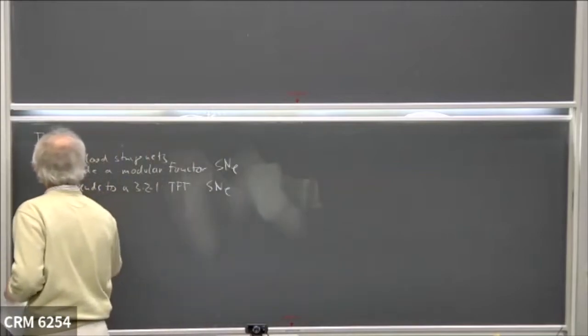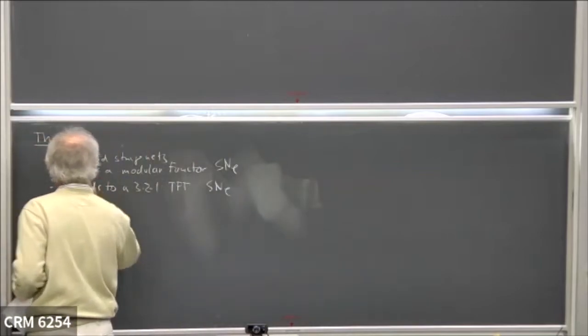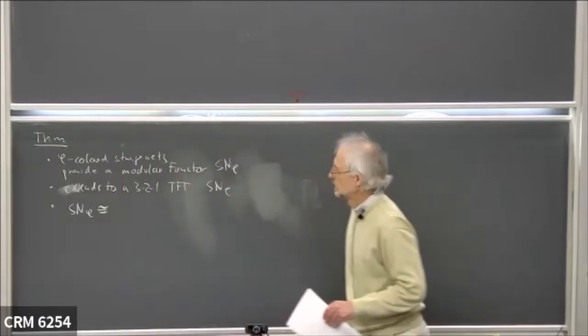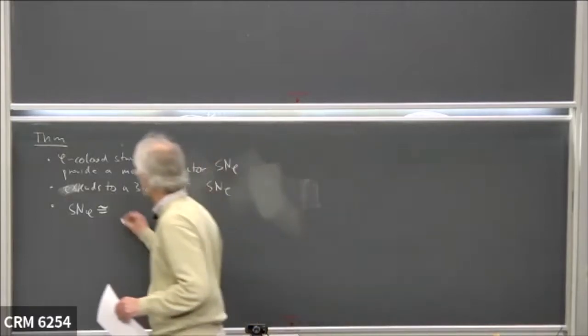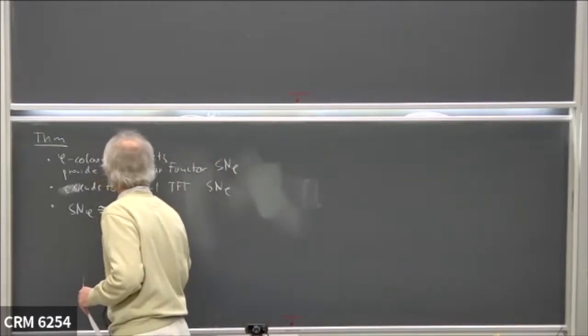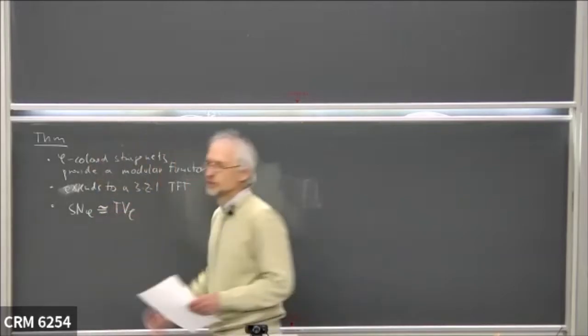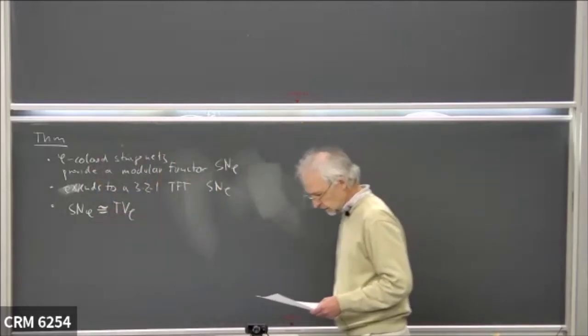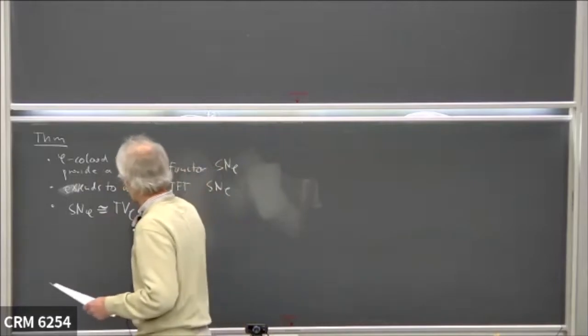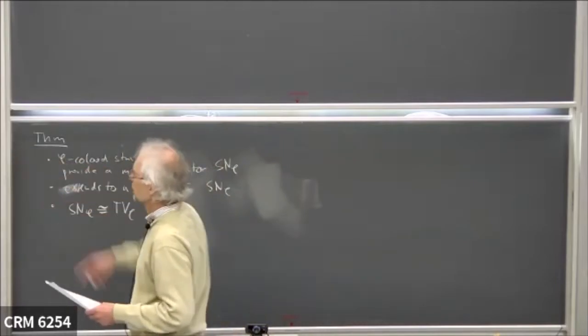Moreover, this is not really a new topological field theory, but it can be shown that this is isomorphic to the Turaev-Viro state sum construction based on the spherical fusion category C.